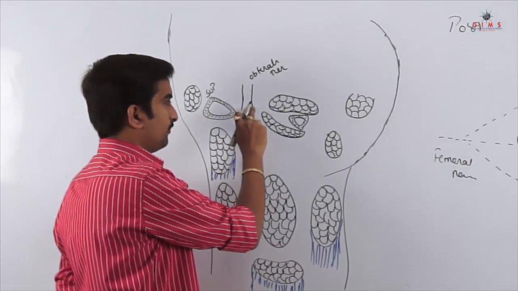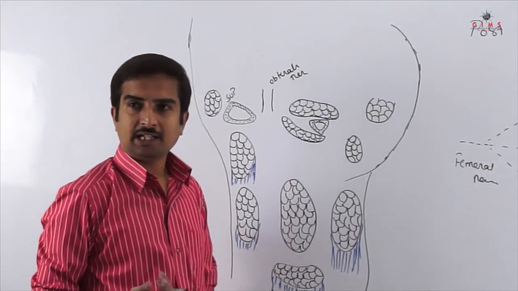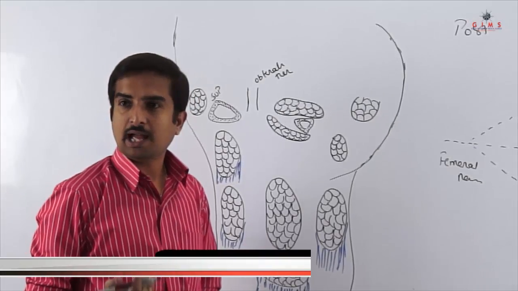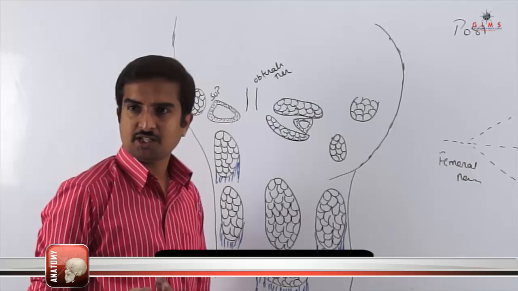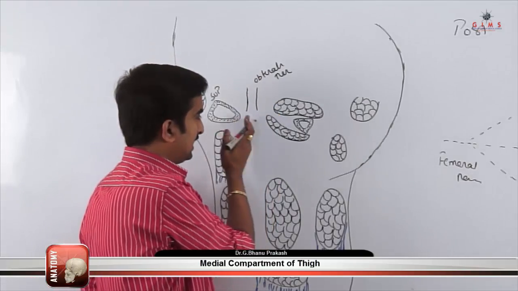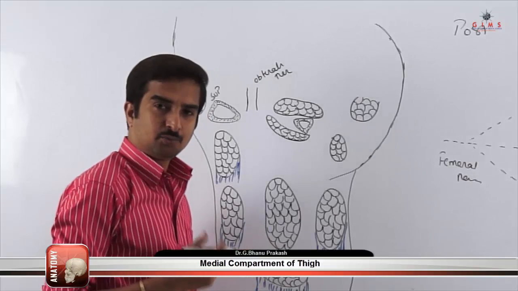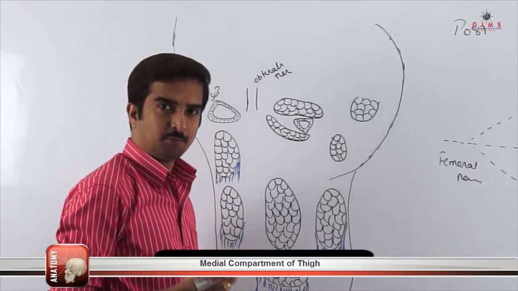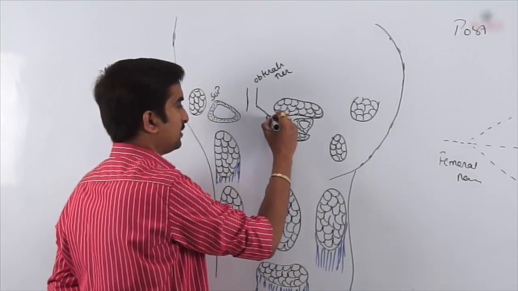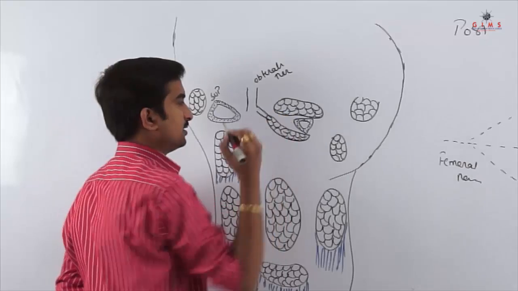Immediately after it leaves the canal, exactly behind the superior ramus of the pubis, it divides into anterior as well as posterior divisions.